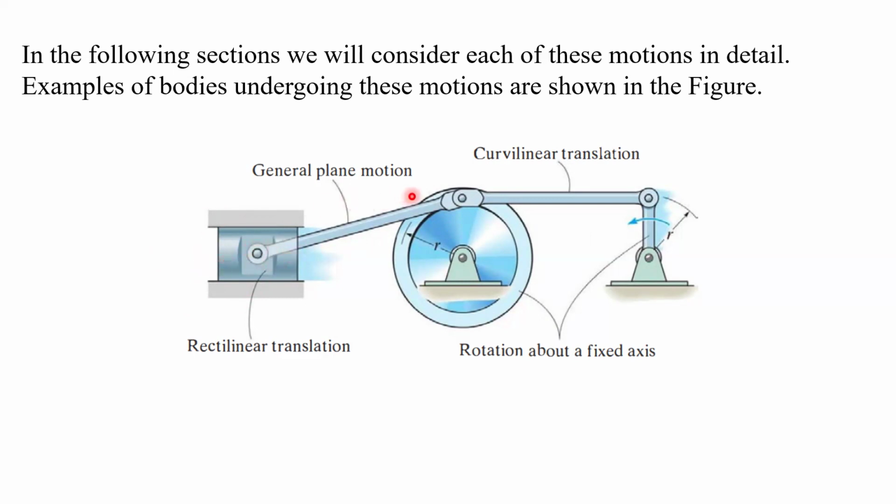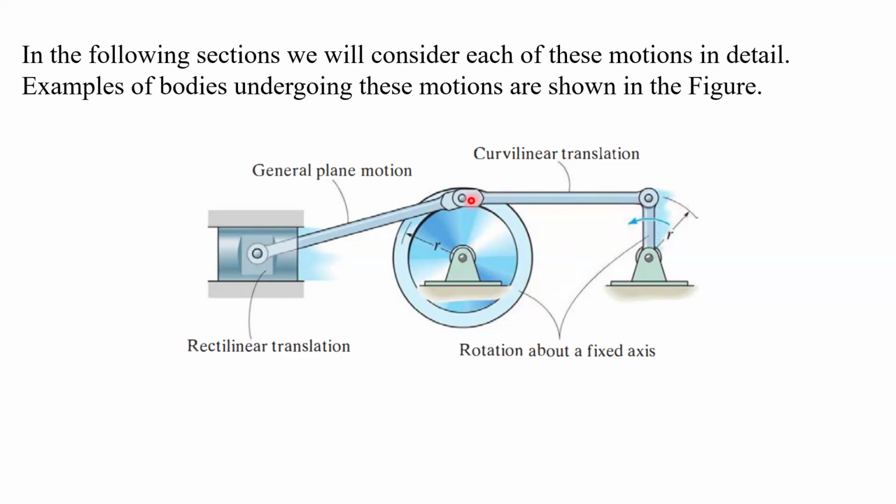But this connecting rod will go in general plane motion. This end will be going in a straight line, while this one will be rotating with the rotating disc. And this rotating disc is rotating about a fixed axis, just like this rotating arm.